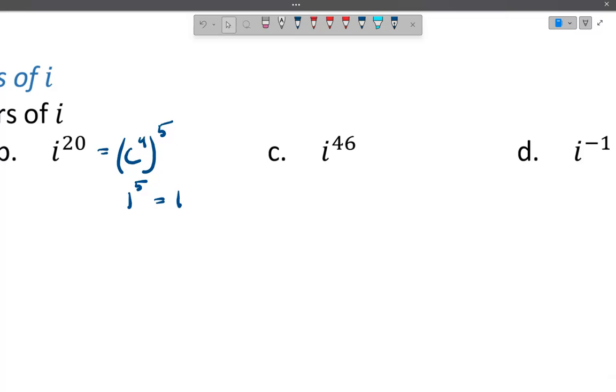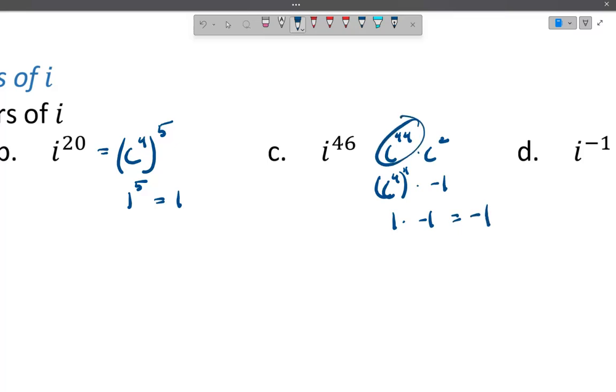If you think about the multiples, 44 is really close to 46. So I have i to the 44th times i squared. If I add those exponents together, I get 46. i to the 44th is i to the fourth 11 times, and i squared is -1. So I just have 1 times -1, which equals -1.